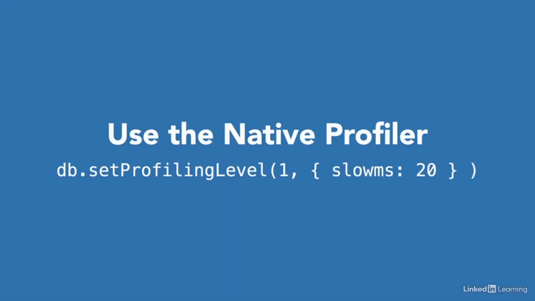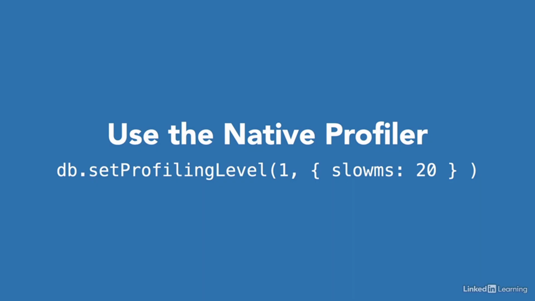There is one more thing that you can do to get more performance information from MongoDB. If you're looking for a way to find slow operations without looking at the logs and without individually checking for execution stats for each query that you run, then this is for you. You can enable a native profiler to collect data for operations slower than a specified limit by setting the profiling level to 1 and specifying a time limit.